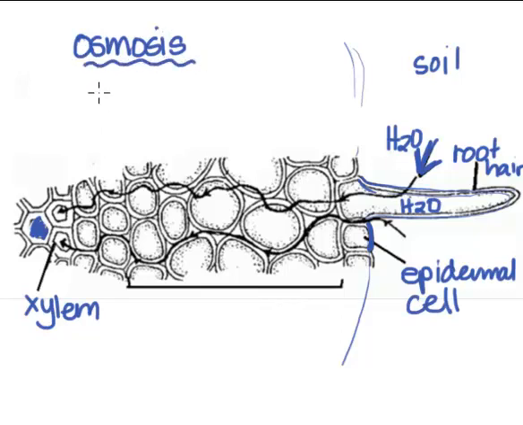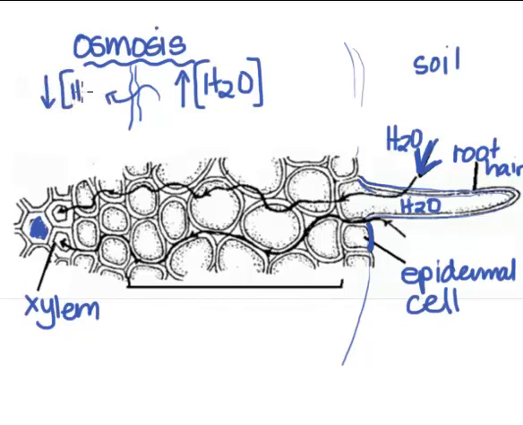And osmosis moved water from an area of, let's put square brackets around to show that it's water concentration, high water concentration, through a membrane to an area of lower water concentration.